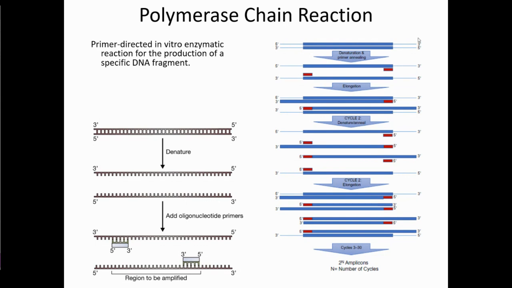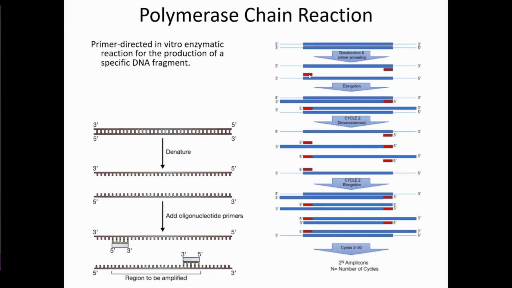So normally you need a template DNA, and then the first step is to denature this double helix DNA so that the primer will be able to find its target and adhere to the target DNA sequence.